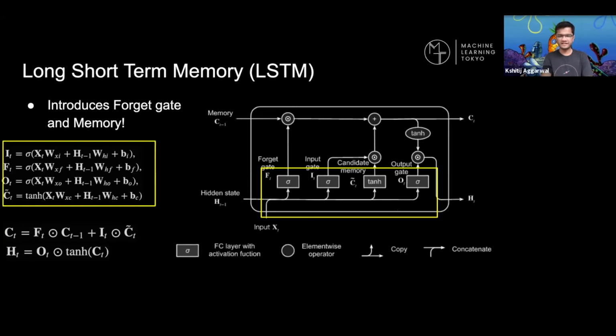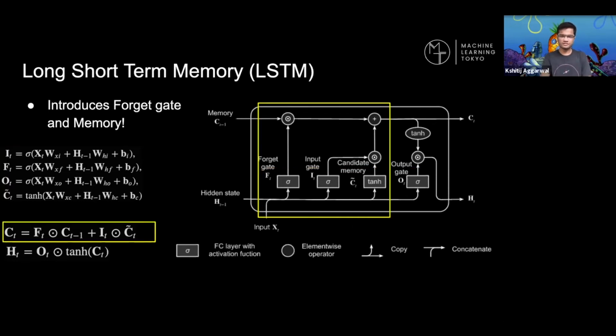All of these gates have sigmoid because you want 0 and 1 as output, while Ct, the candidate memory, has tanh activation. All of these give us the output of the forget gate, input gate, and output gate. Then, like I said, you modify the intermediate candidate memory with the input gate, you modify the previous candidate memory with the forget gate, and that gives you the final candidate memory. This candidate memory and the output of the output gate then decide what the hidden state should be.